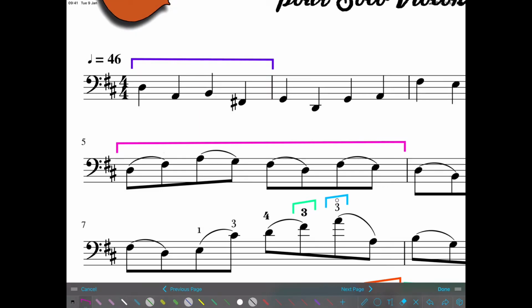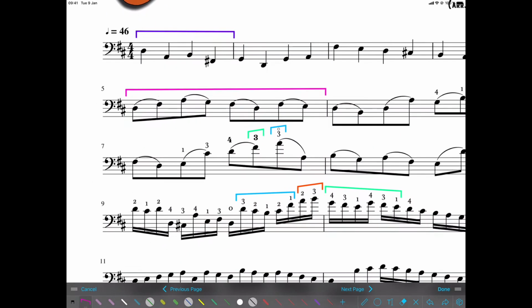So again, 1, 2, same speed. Now with that, let's look at the next line.